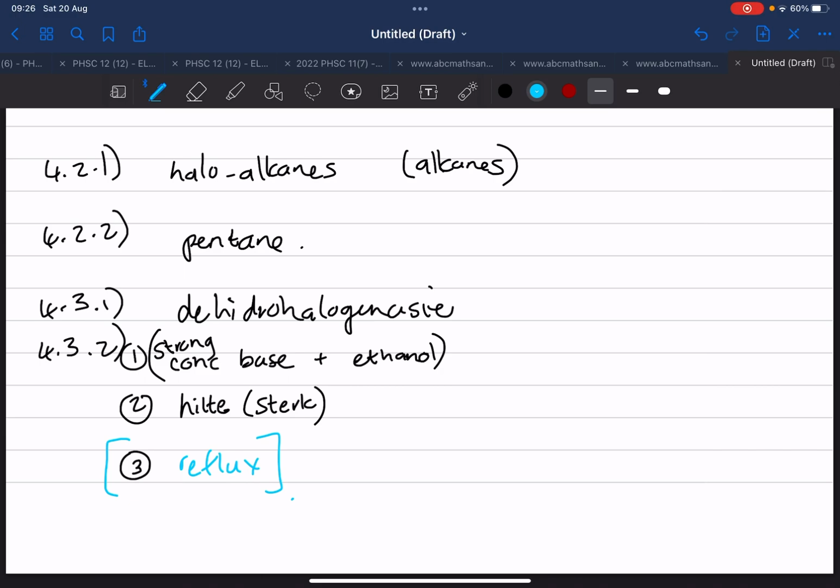Okay, verstaan julle hoekom jy nie eintlik daai moes gesê het nie? They didn't ask the apparatus, hulle het nie vir die apparaat gevra nie, hulle het gevra vir die toestand. Okay. So eintlik in die eindeksamen sal hulle dit verkeerd maak.